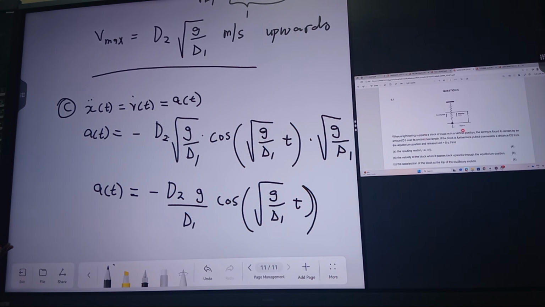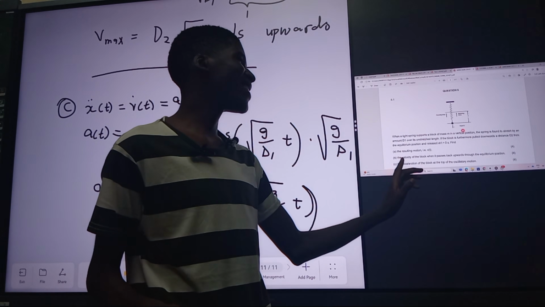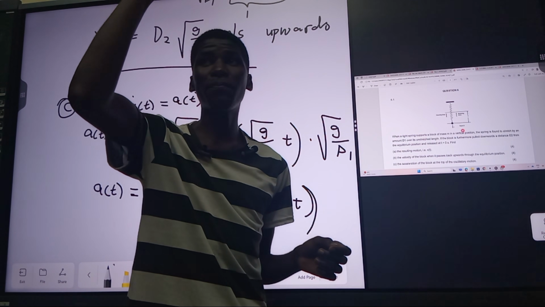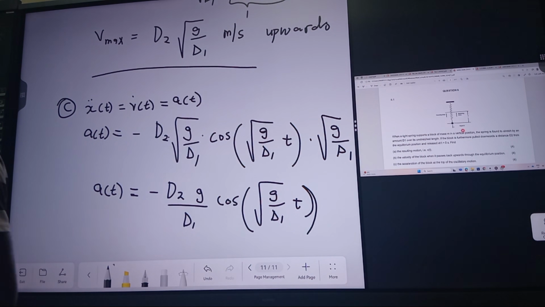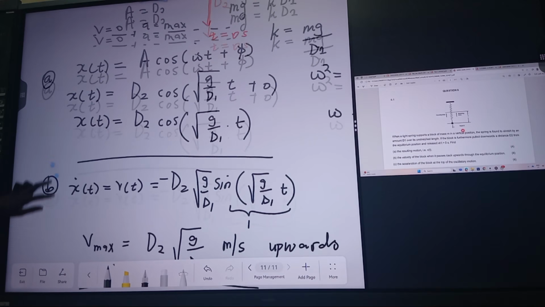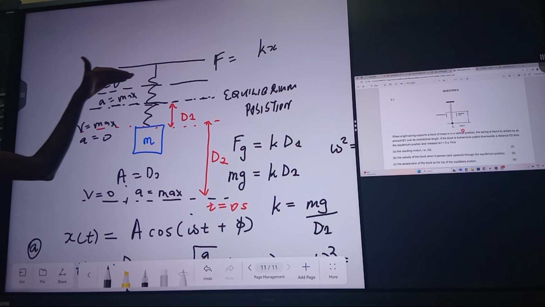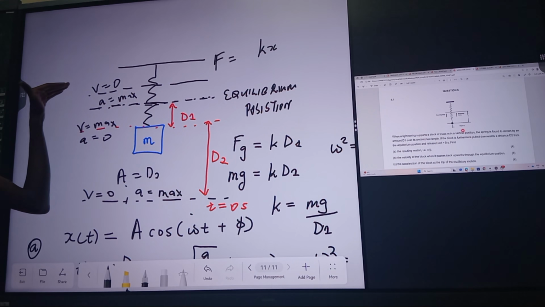But here, what is the acceleration at the top of the oscillatory point? So we are going to look at the top. This is the top of the oscillatory point.